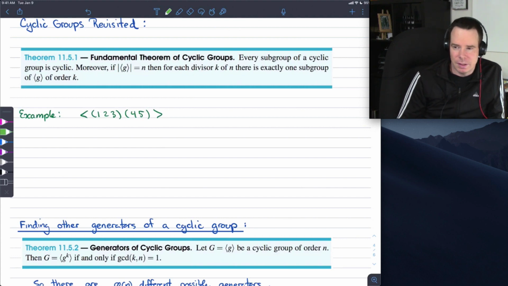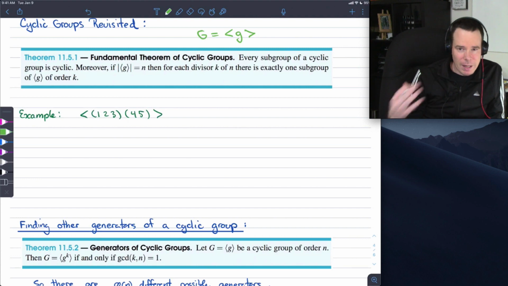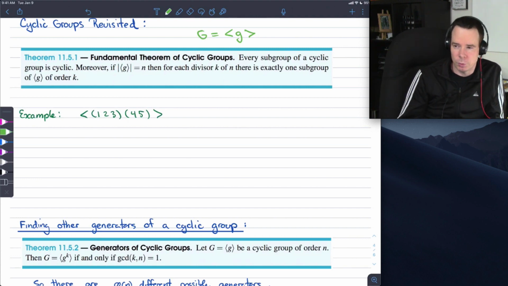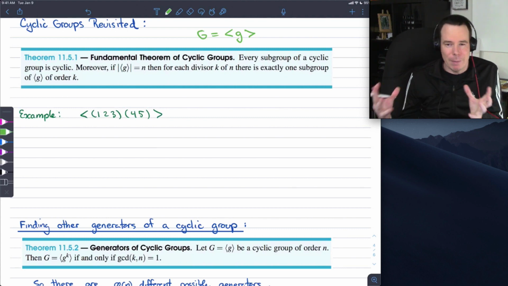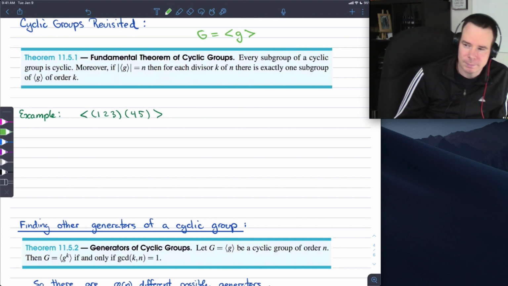So if we have a group G that can be generated by a single element, so all powers of that g are going to generate all the elements of our group, then any subgroup of this group must also be cyclic. And that's a nice result because that tells us that there's not some sort of chaos, there's not anarchy. Groups and their subgroups obey certain structures.